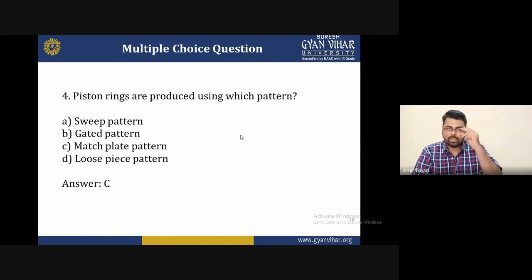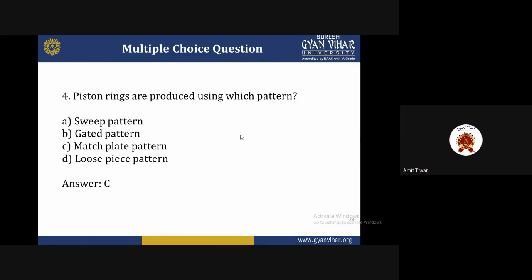Fourth one is: the piston rings are produced using which pattern? The options are A, sweep pattern, B, gated pattern, C, match plate pattern, D, loose piece pattern. The correct answer of this question is C, the match plate pattern.